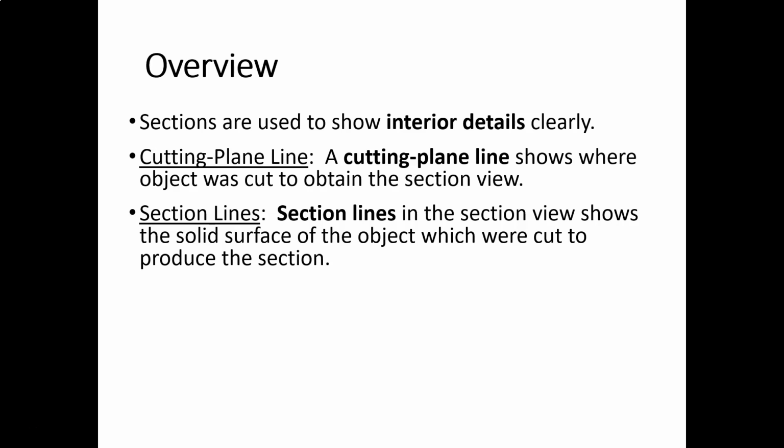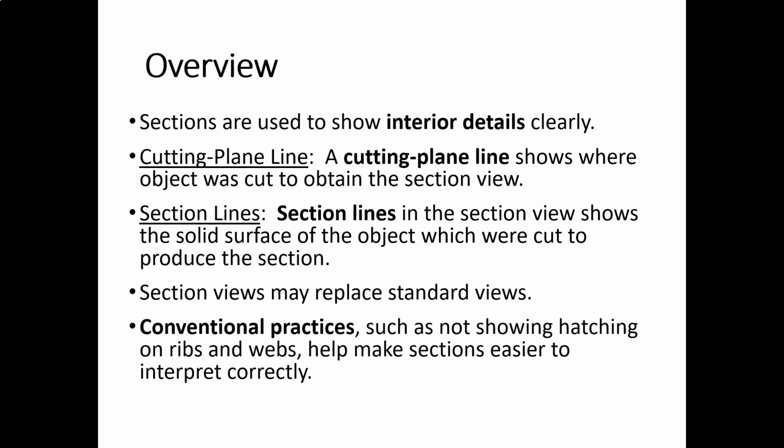These section lines are intended to show where solid material was cut, and they are to be shown in a certain orientation with a certain style of line. We'll look at these. Section views may replace standard views, all right?